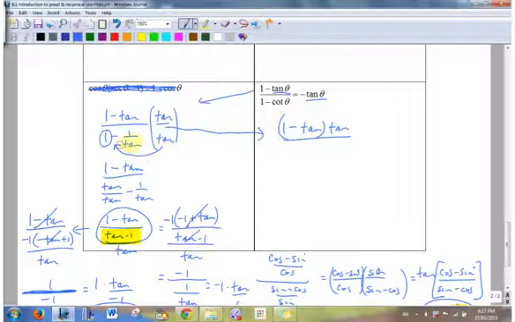This is distributive law. Tan minus, and I better write it out, tan over tan, right? And this is just 1. So let me just do that.